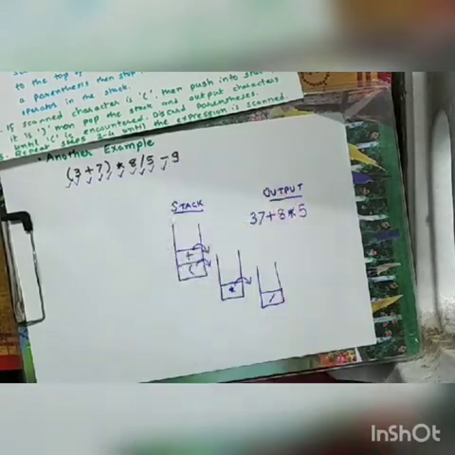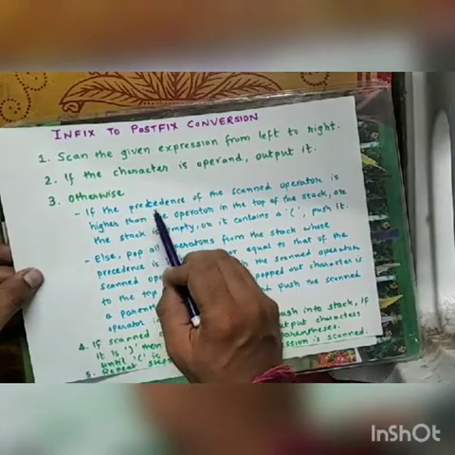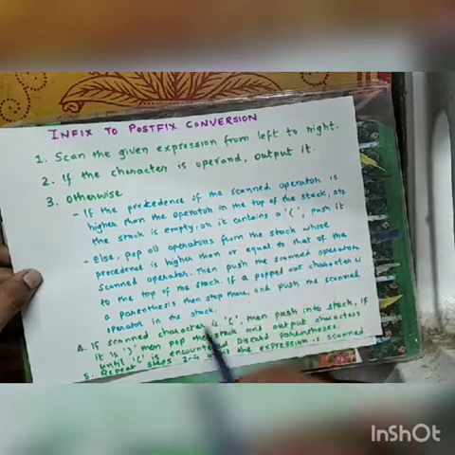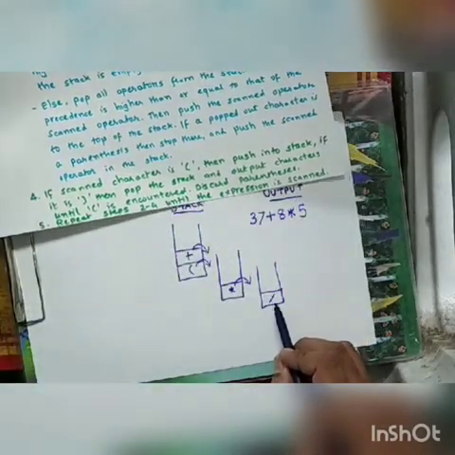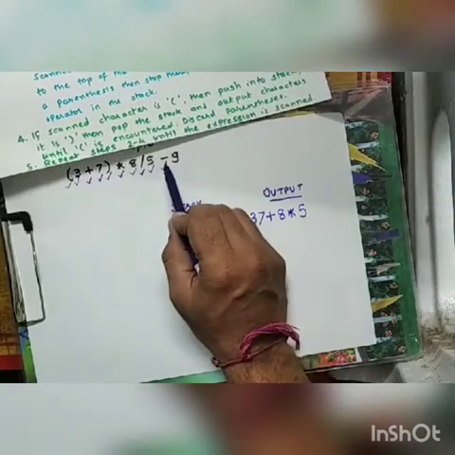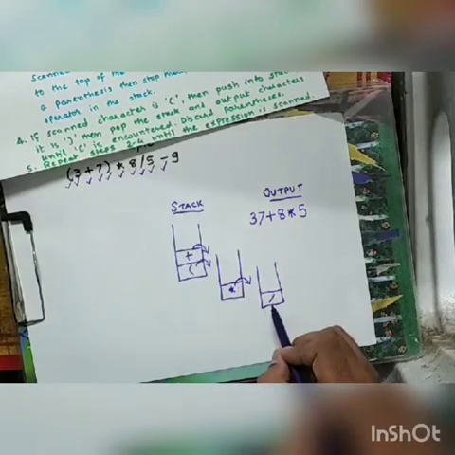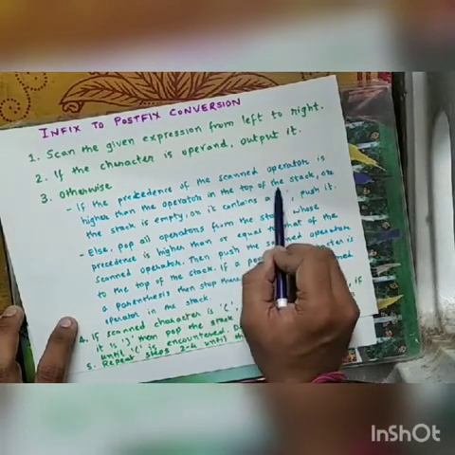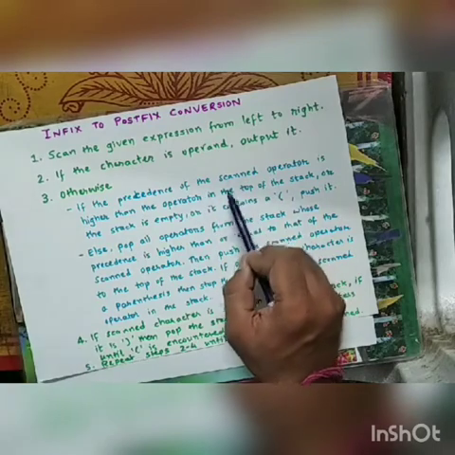Next is minus, that is a negative operator. Is the precedence of the scanned operator higher than the operator on the top of the stack? Division is on top of the stack and the currently scanned operator is minus. Minus has lower precedence than division, so this condition will not be satisfied.